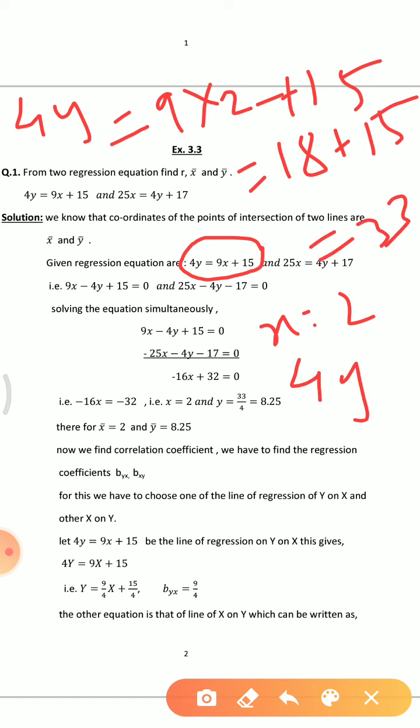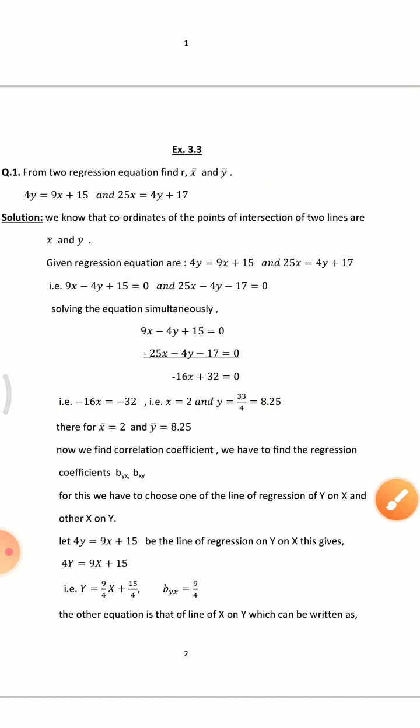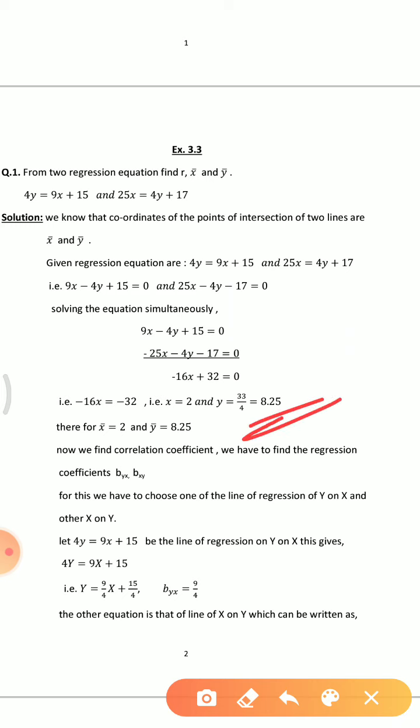That means 4y = 33. Therefore y = 33 by 4. Dividing, the value of y is 8.25. Therefore x bar = 2 and y bar = 8.25.